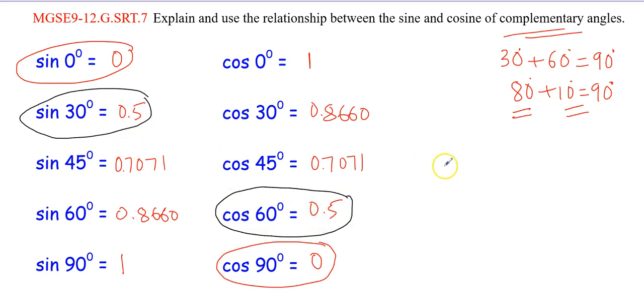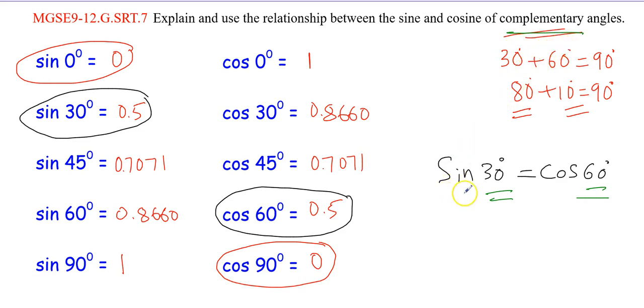So sine 30 degrees is the same as cosine 60 degrees. Just now we observed that 30 degrees and 60 degrees are complementary angles.